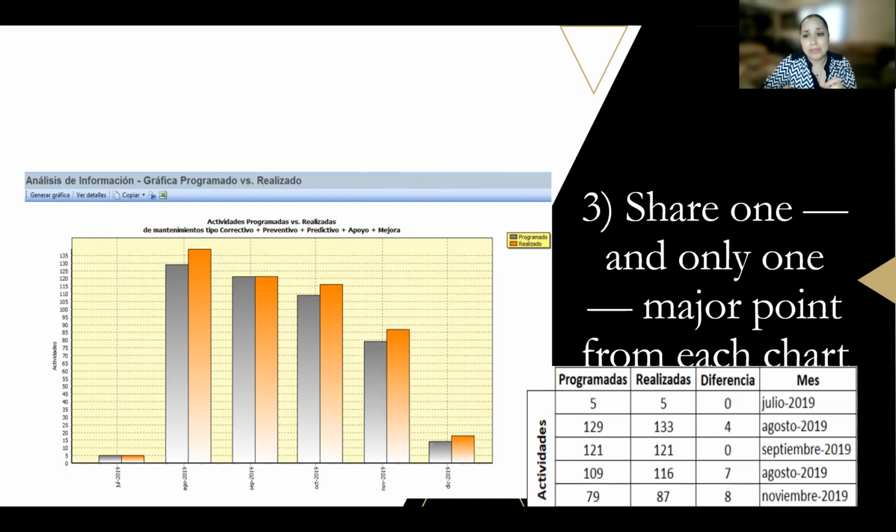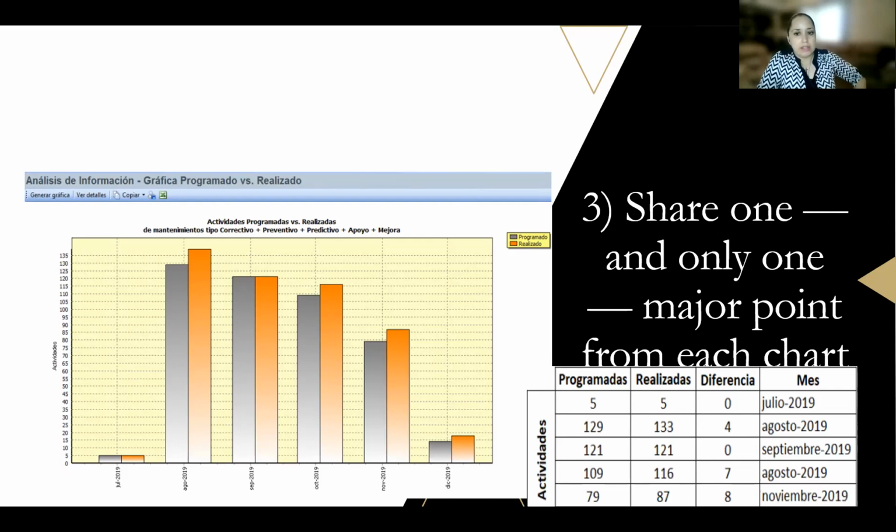And from the table, you can see that, for example, for the month of November of 2019, we had a program for 79 and we completed 87 of those programs. It means that we completed all of the program and we even went farther. We did even more of the maintenance that was planned.